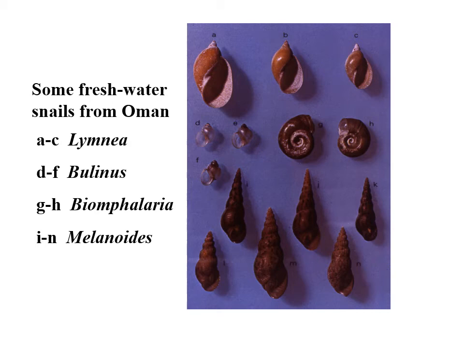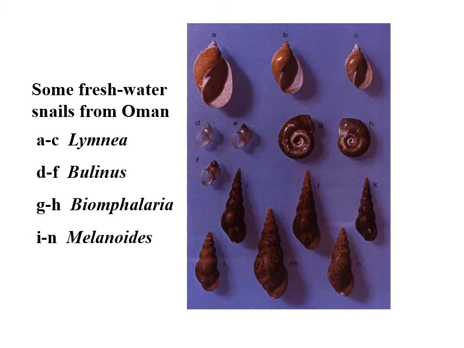We don't have here the snail host for Schistosoma japonicum, but in the laboratory we have it, which I brought from China in one of my conference visits. The snails which are down, and all of them look conical and sharp, are known as Melanoides tuberculata.